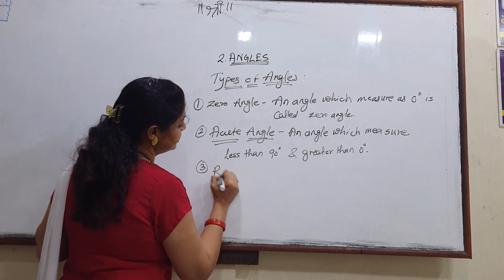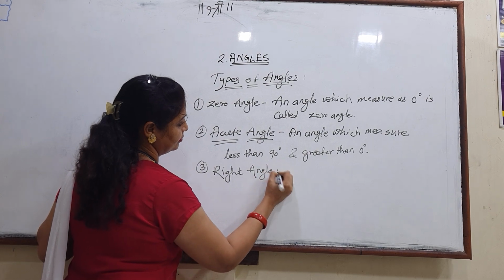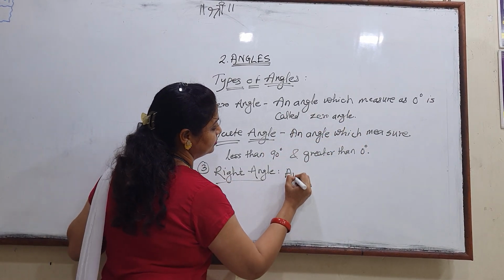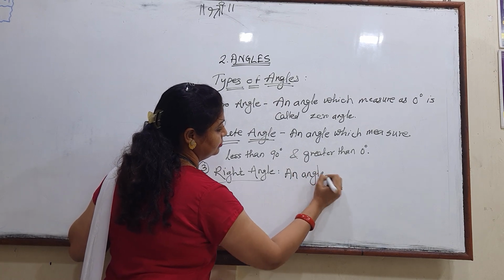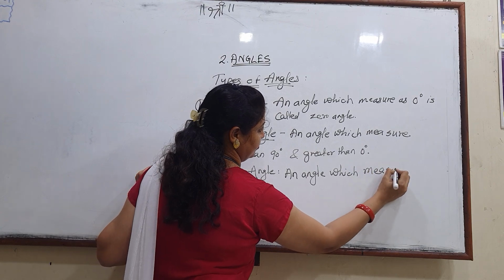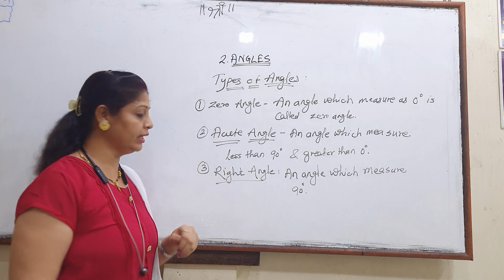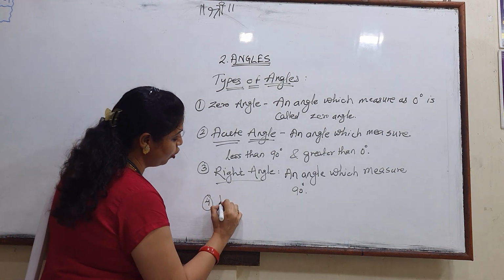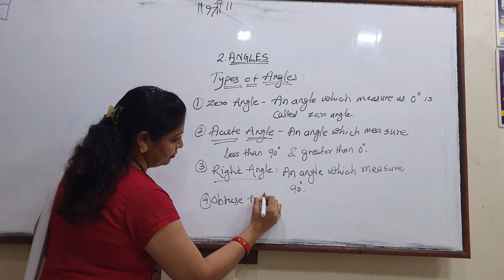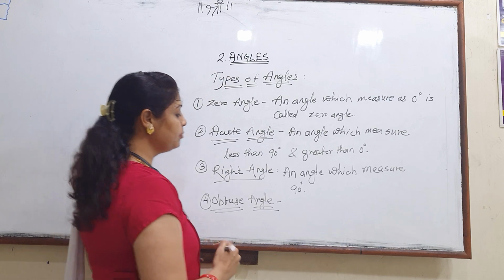Then third, that is right angle. Again, an angle which measures 90 degree is called right angle. Okay. Afterward, the fourth one, that is obtuse angle. In 5th standard we learned obtuse angle, right angle, acute angle. So what is meant by obtuse angle?